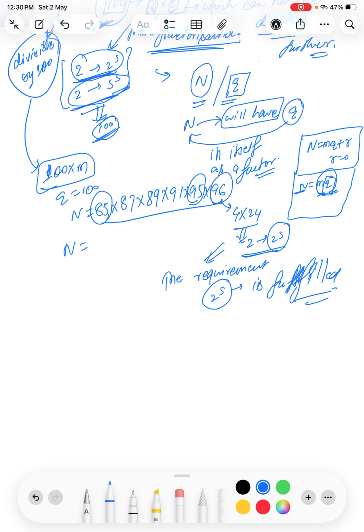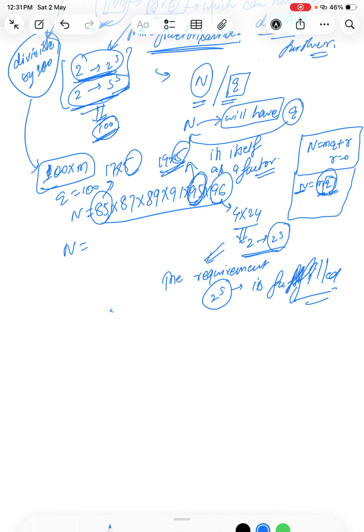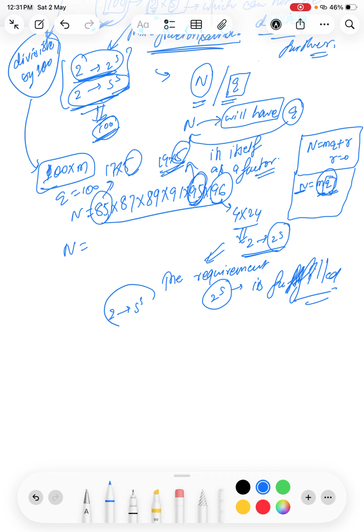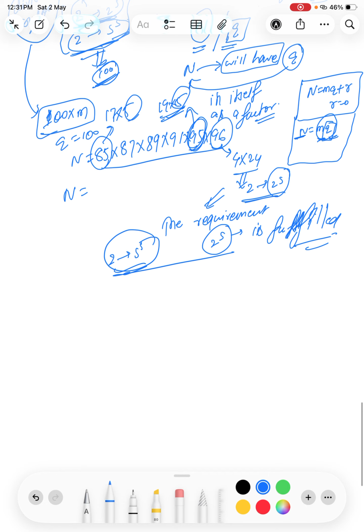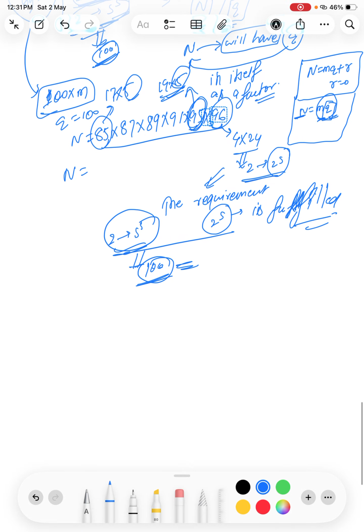So in this case we have two numbers in which 5 is there at the unit place. So this can be written as 17 into 5 and this can be written as 19 into 5. So we got two 5's. So we also found two 5's and they will give you 100 after multiplication.